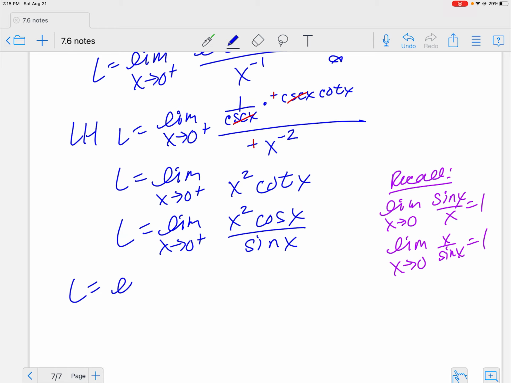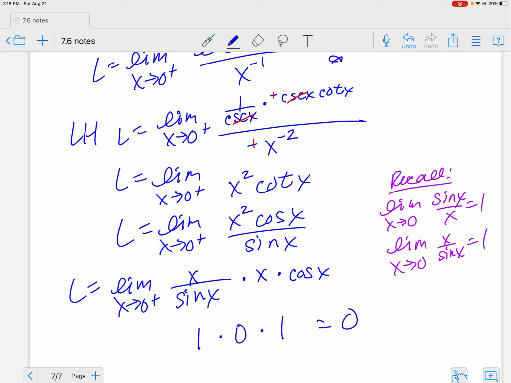Make our life easier. So I've got the limit as x approaches 0 from the right of x over sine of x, because I'm taking one of those out, times just that x times cosine. And this will be 1 times 0 times 1, right? And then that's how I get my final answer of 0.